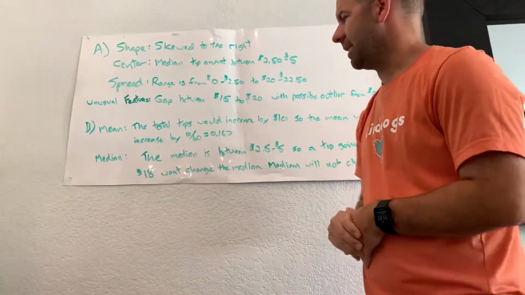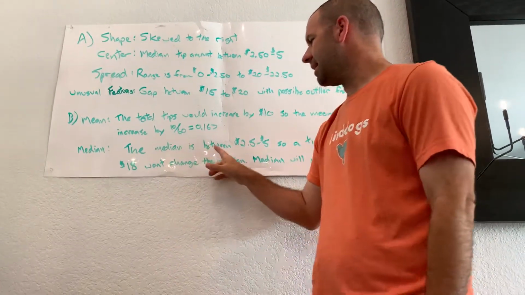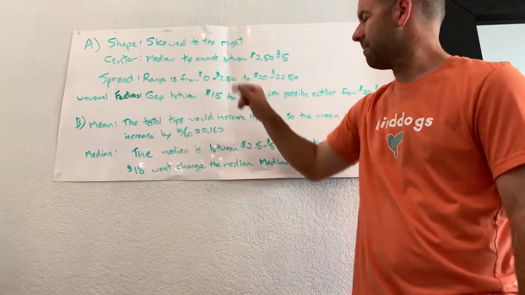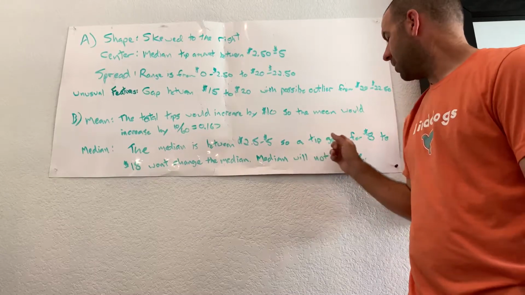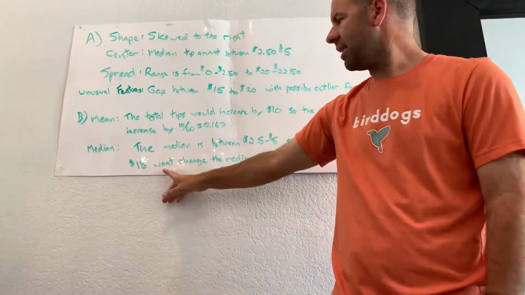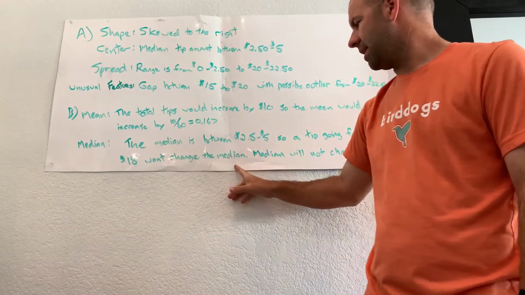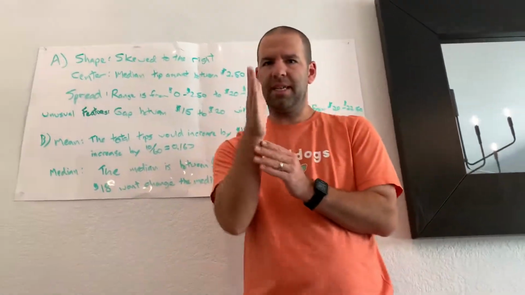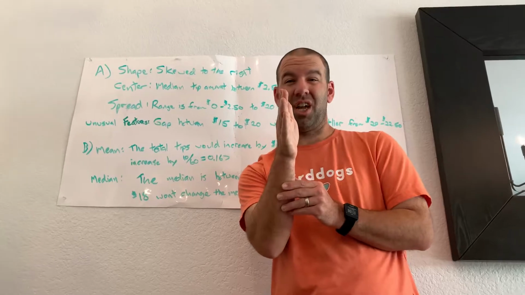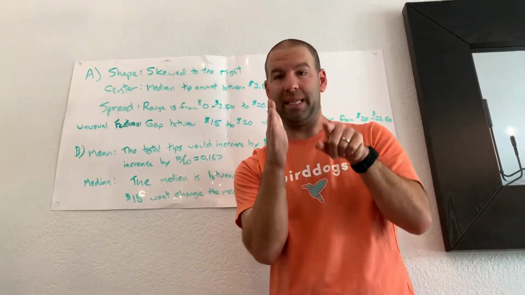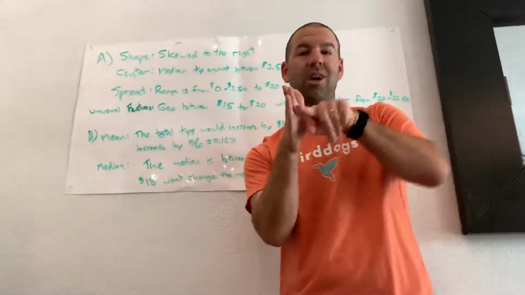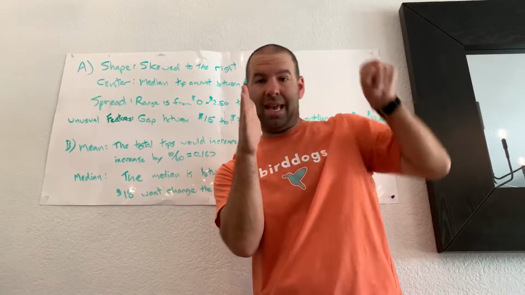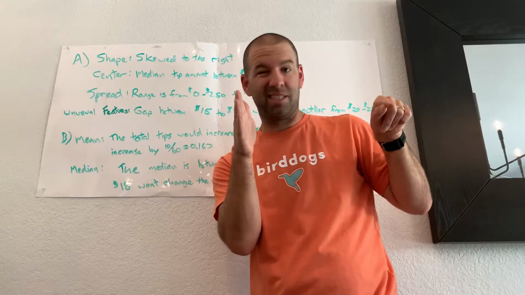And then the median. I said the median is between $2.50 and $5, which I already said up here. So a tip going from $8 to $18 won't change the median. The median is in the center, and the number that's changing is already above the median. So making this $8 an $18 doesn't change the median.